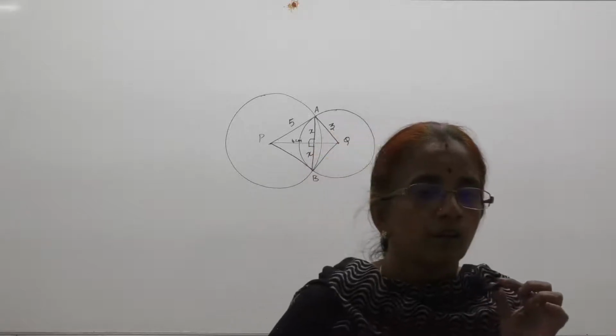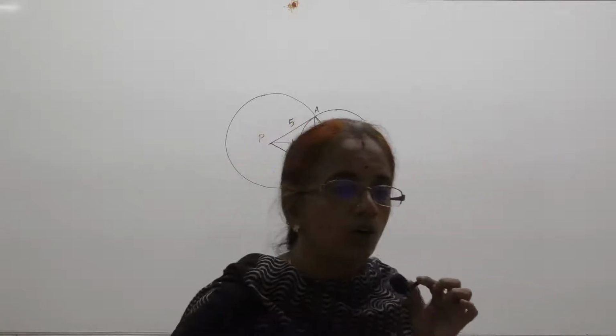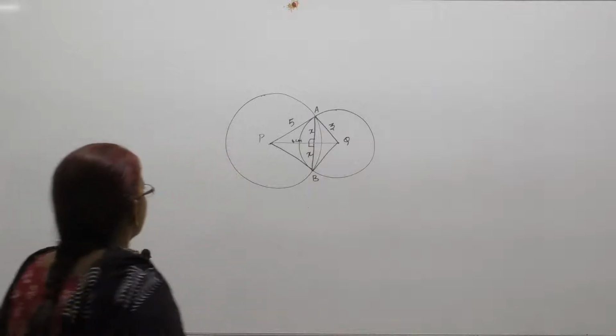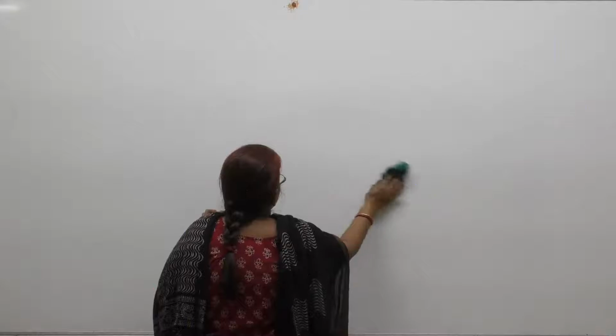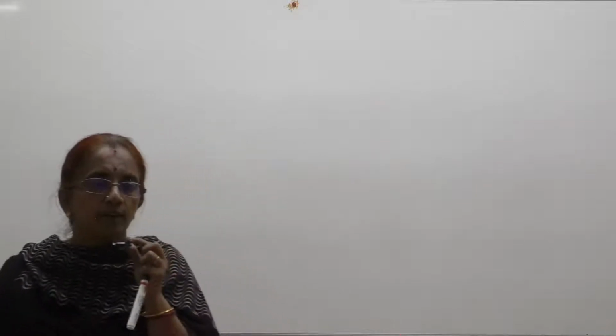Okay, the next one: if two equal chords of a circle intersect within the circle, prove that the segments of one chord are equal to corresponding segments of the other chord.